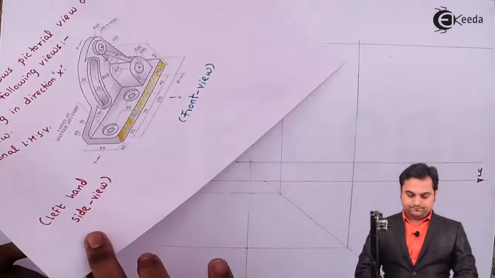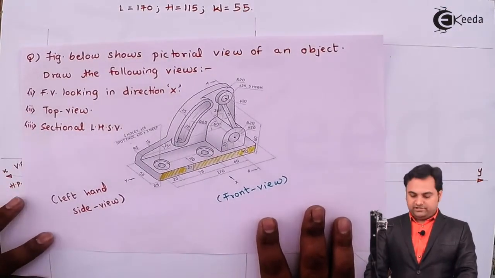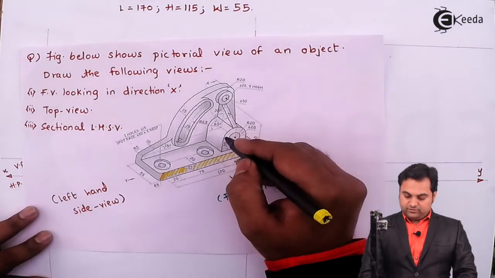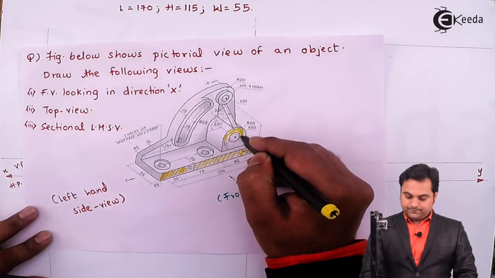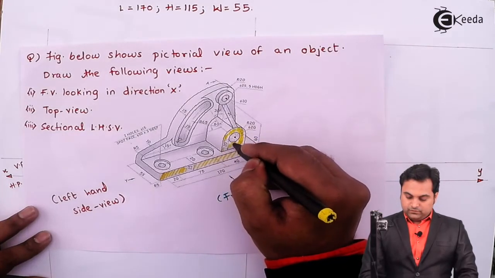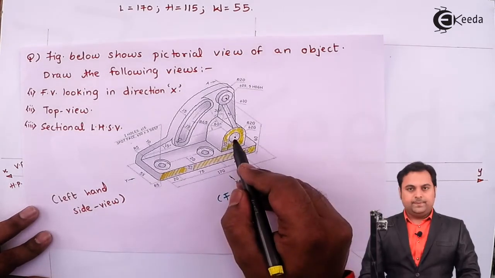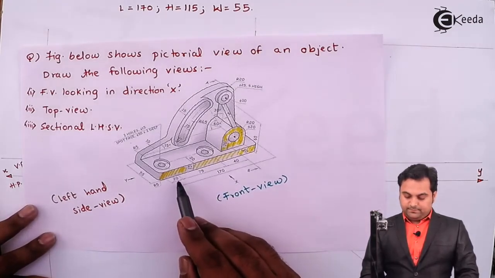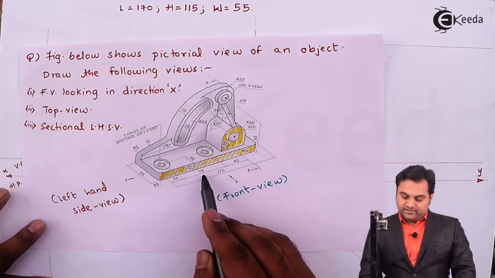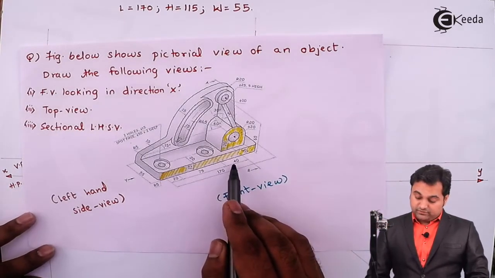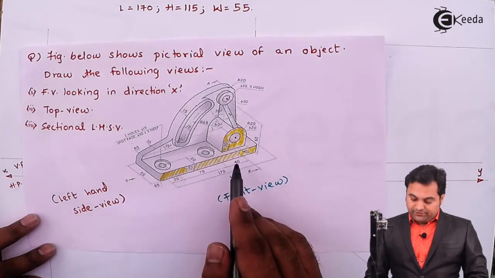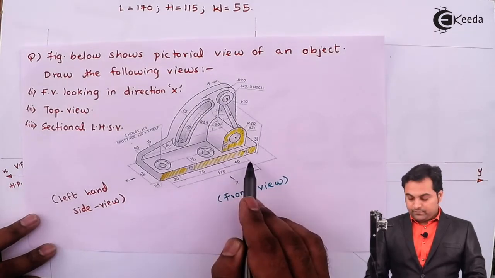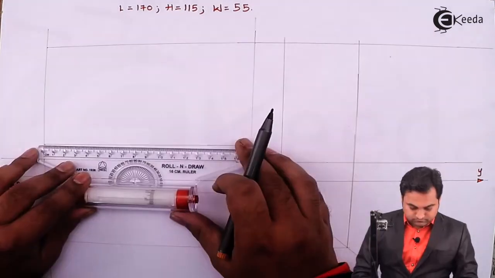Then when we are looking from front side, in that case, this surface is also visible. So first I'll locate the center for this surface, and that center is, if I see here, that is 20 plus 75, that gives me 95 plus 40, that is 135 mm. So at 135 mm from the left hand side is the center for this portion.